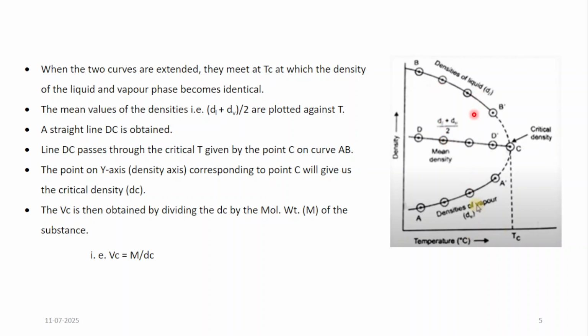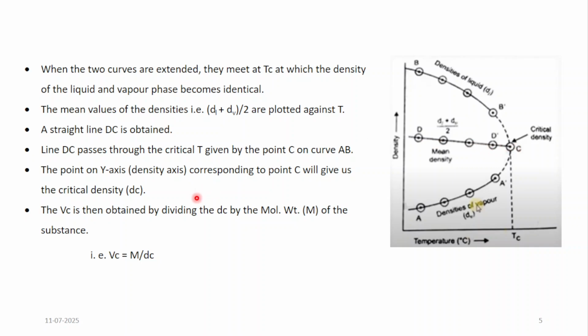Take the mean of this and this, it will be this point. Take the mean of A dash and B dash, that will be D dash. This is a linear function, so it will give a straight line. So plot it and extend it, it will meet at this point C. Okay, so at this critical temperature, the mean of these densities is nothing but dc, that is critical density.